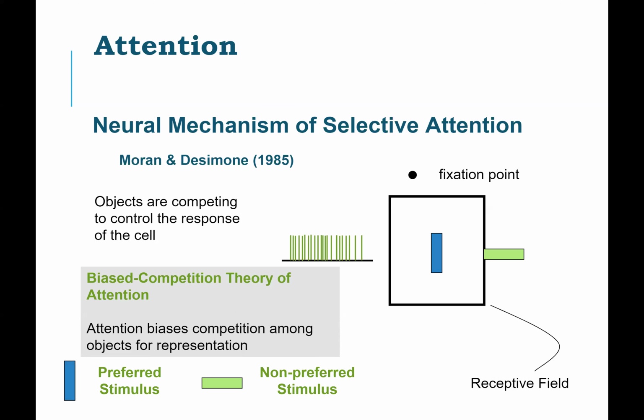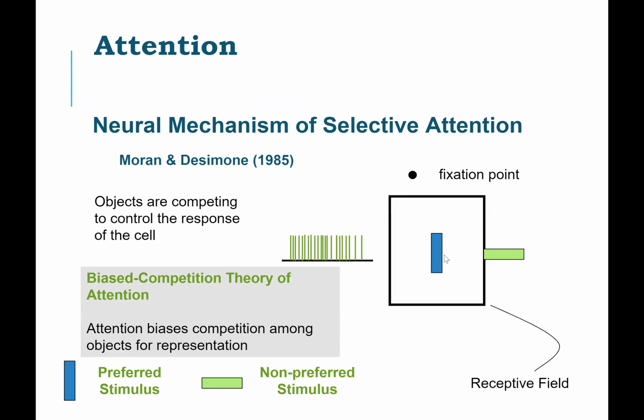So the competition is for controlling the response of the cell, and the competition is for representation. How does something get represented in the brain? Well, through activations. If you control the activation of the cells, you are being represented.